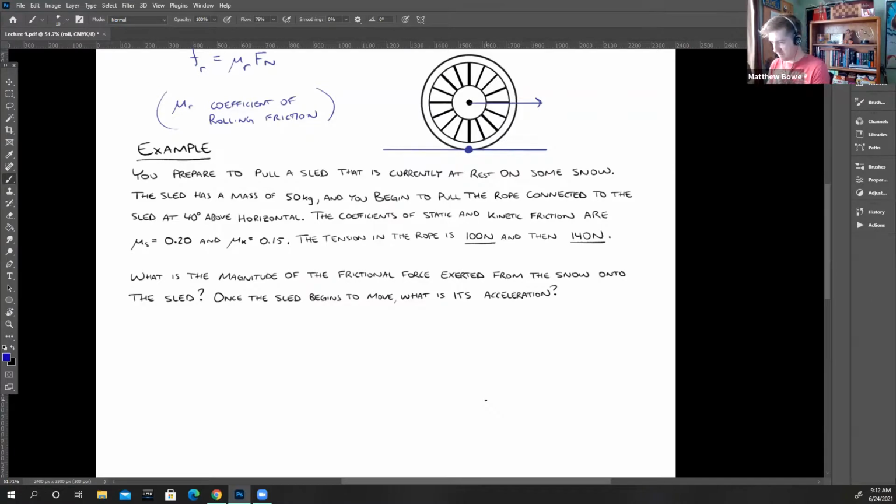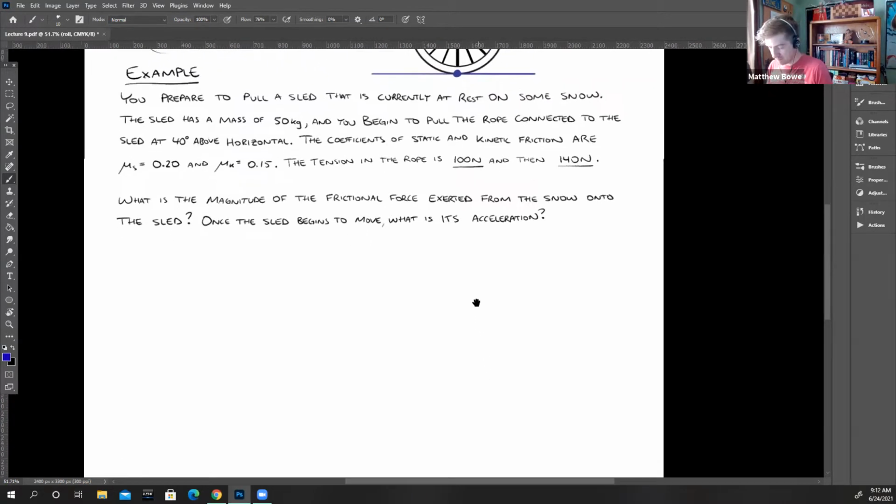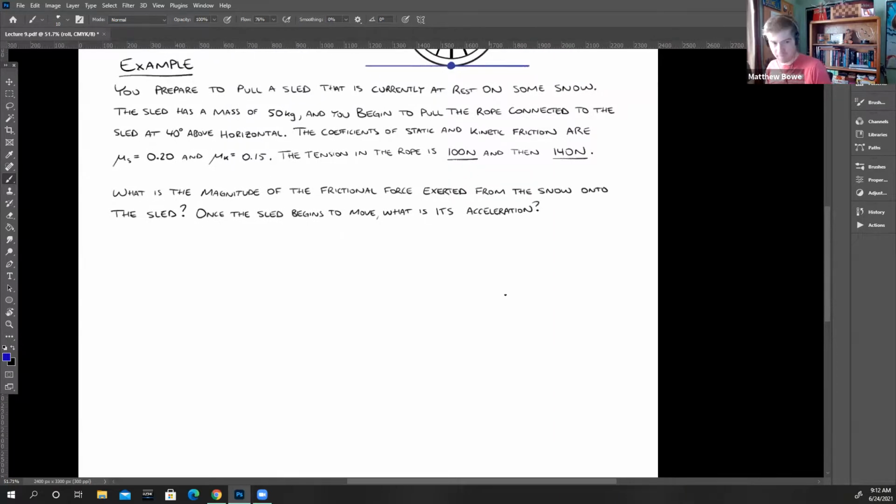So basically, we just want to know how much friction there is in general. Once the sled begins to move, what is its acceleration? Okay, so there's a lot to unpack here. Let me start with a picture.